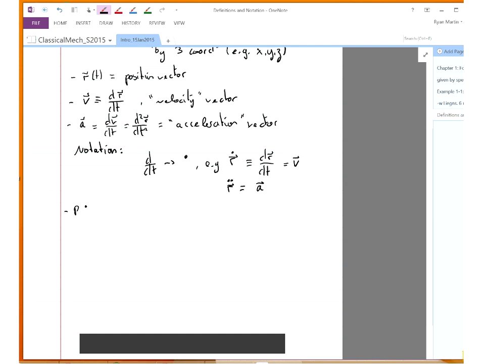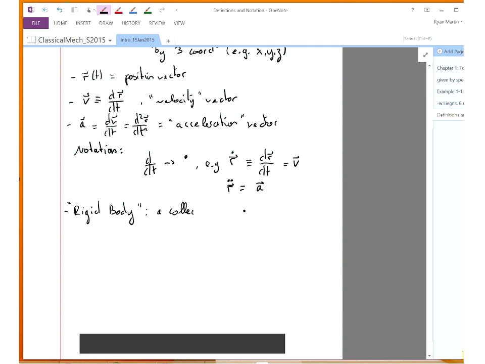So a rigid body is an object made of many particles that can't move with respect to each other.